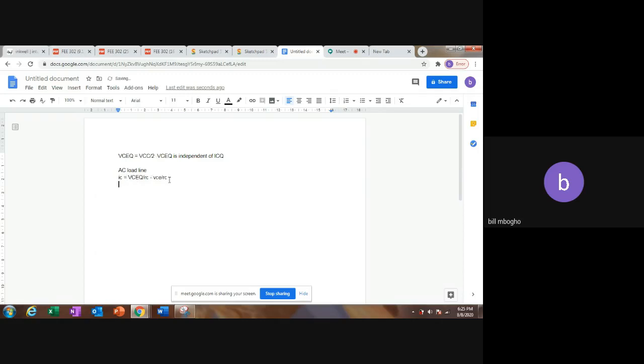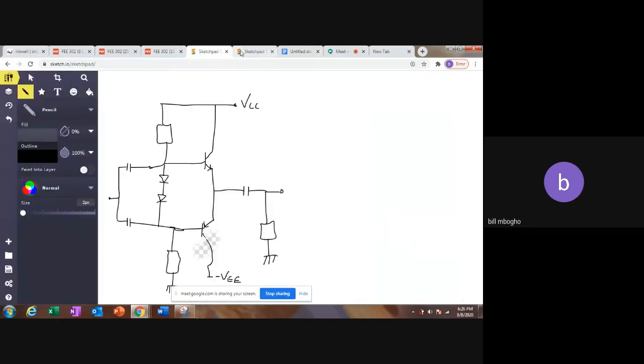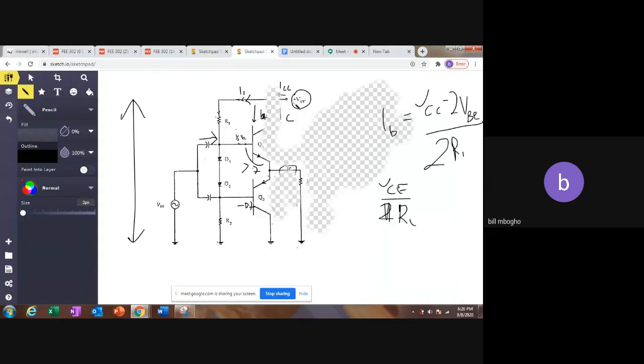So we end up getting IC equals VCC over 2RC minus VCE over RC, where RC ends up becoming RL because it's the load resistance. So when we come back to this one, we have shown we know how to get the biasing current. The next one to get is the average current.